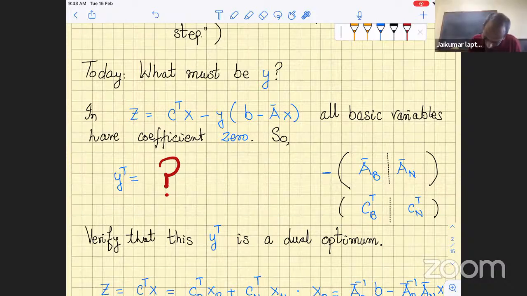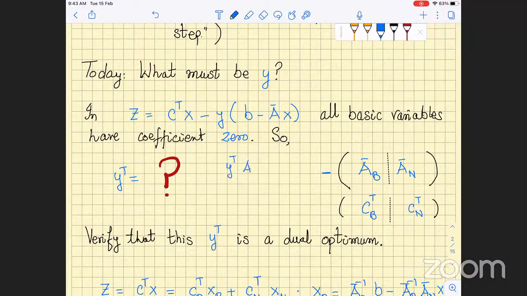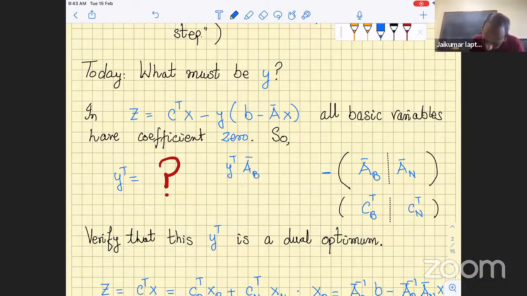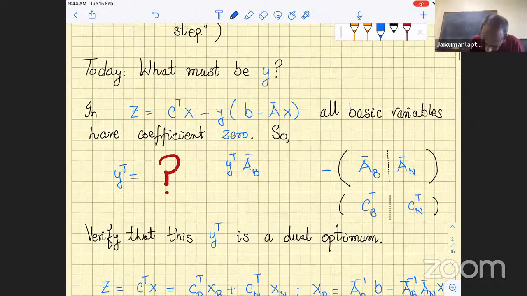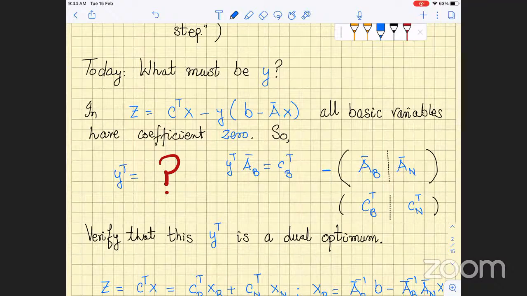I think you are saying the right thing, but what do we know? Y transpose times A bar B, A bar because it's the extended matrix, must be equal to CB transpose. So what must be Y bar transpose? CB transpose AB inverse.